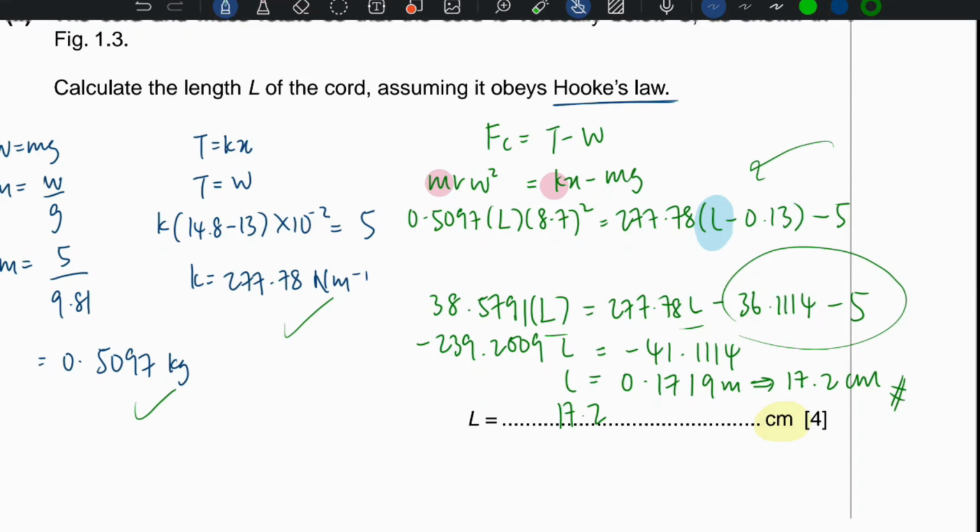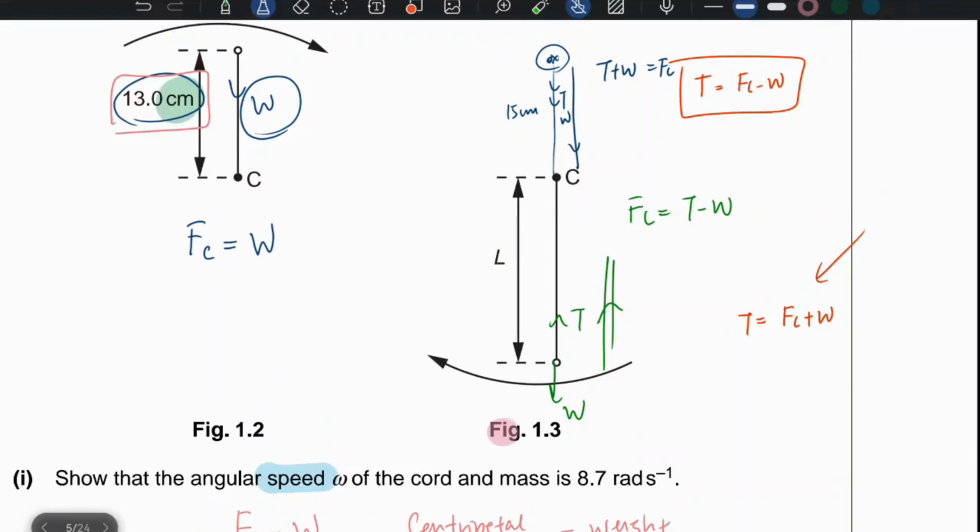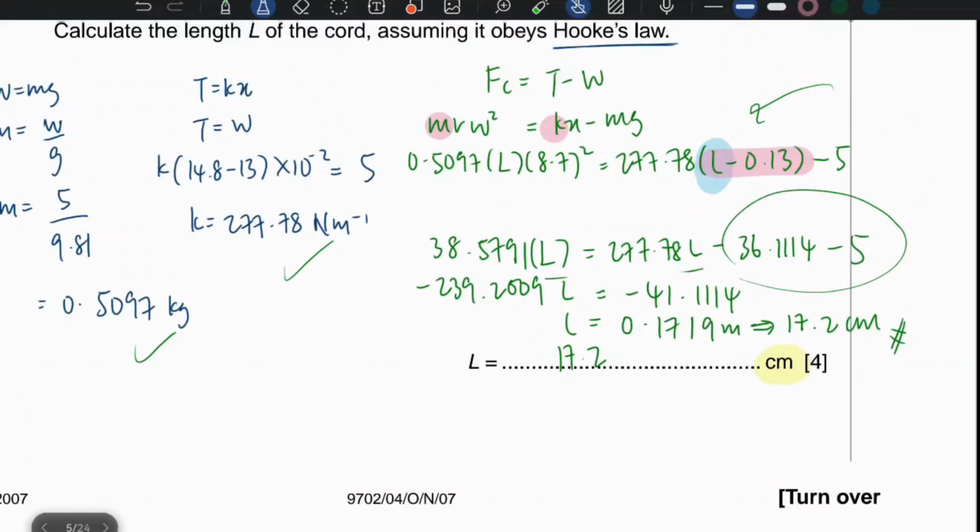Also, please be aware, extension here is based on this diagram because you're finding the L of this diagram. Then minus 5, just put 5 newtons straight, honestly. Don't go and put mg and actually calculate it. They only give you 5 newtons, just use 5 newtons. I don't know why I did mg just now.